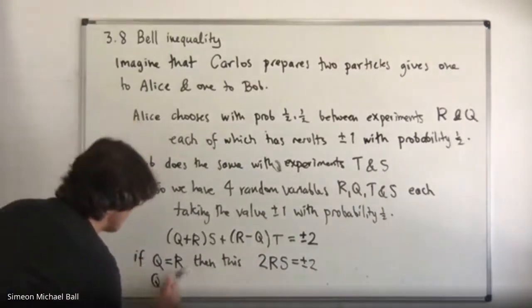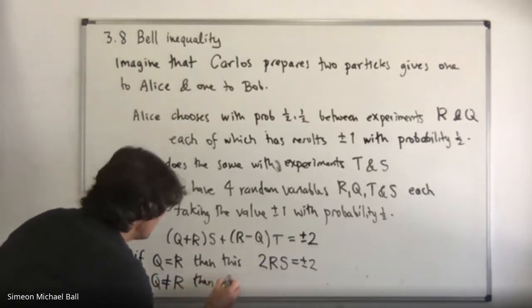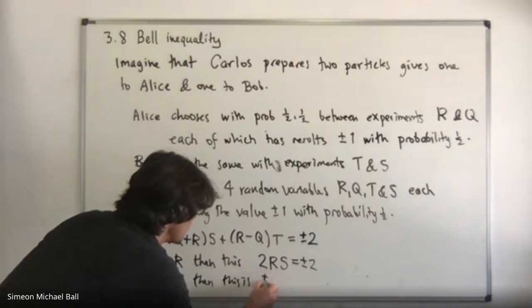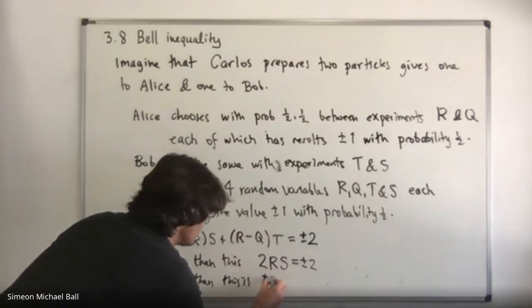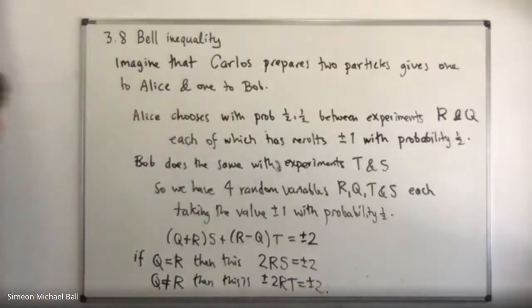So if Q is not equal to R, then this is 0, then this is plus or minus 2RT, which is plus or minus 2.